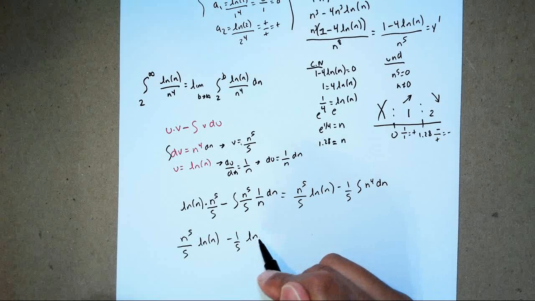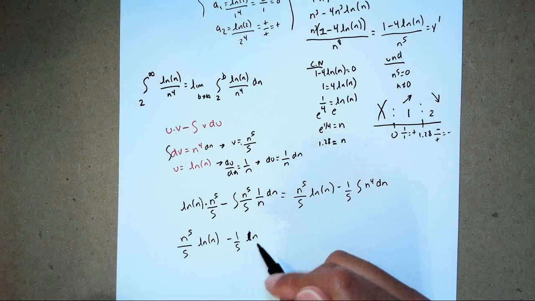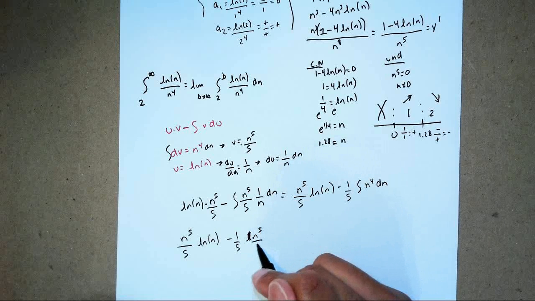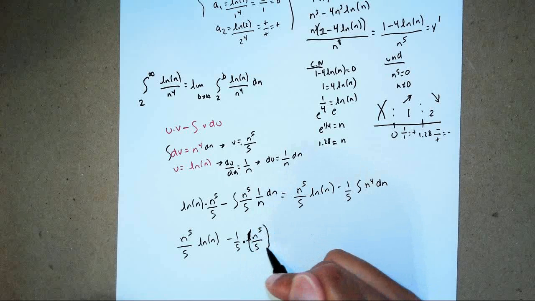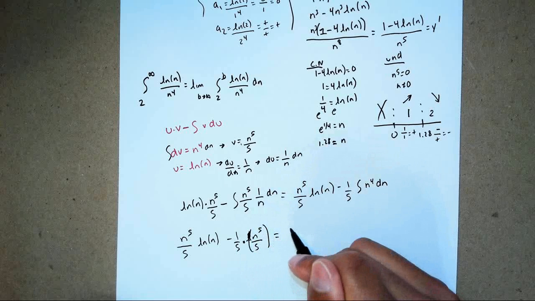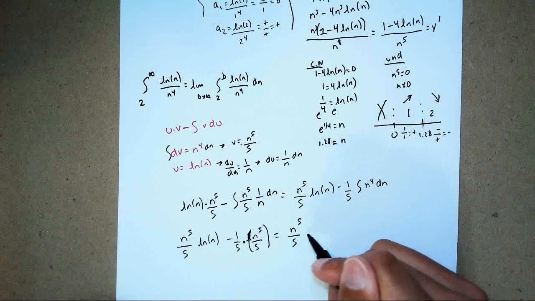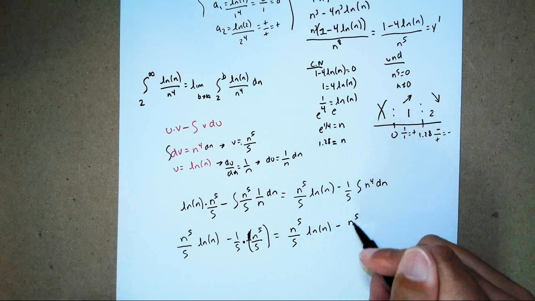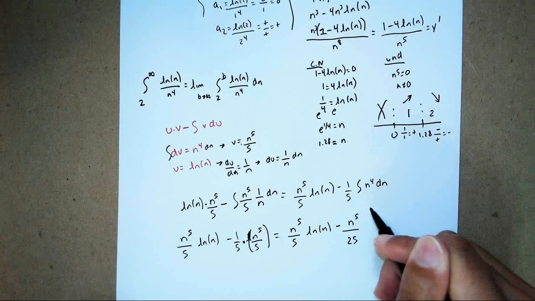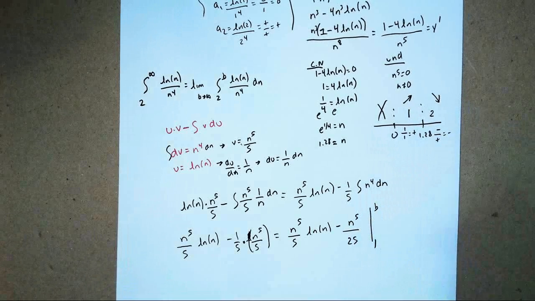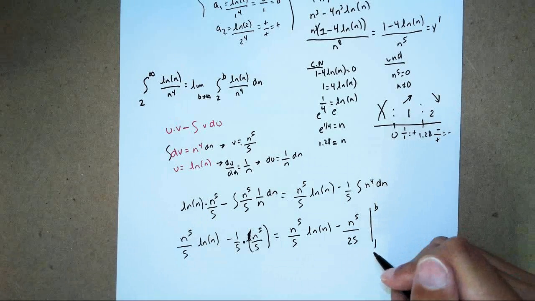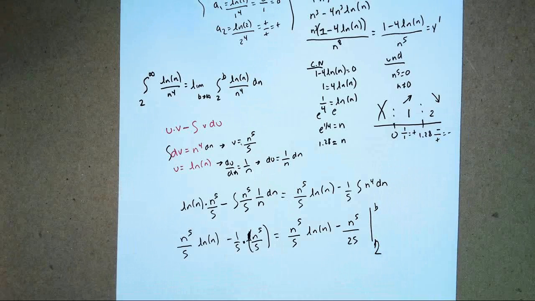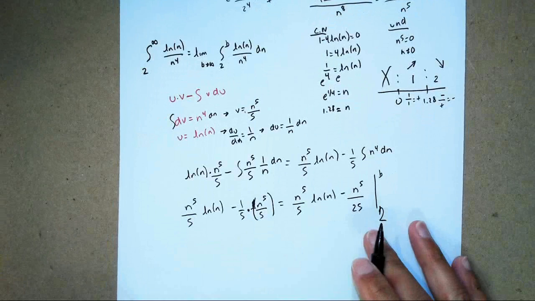Add 1 to the exponent. And this is going to become n to the 5th over 5 ln n minus n to the 5th over 25. All bounds, not b to 1, b to what we picked before, 2 to b. So I'm going to substitute everything in, and when I substitute everything in, I'm going to get this.